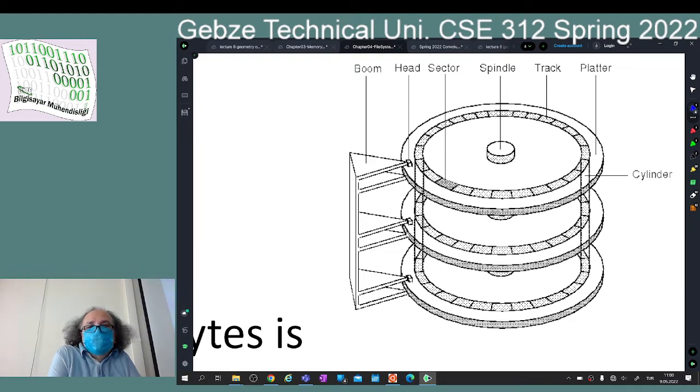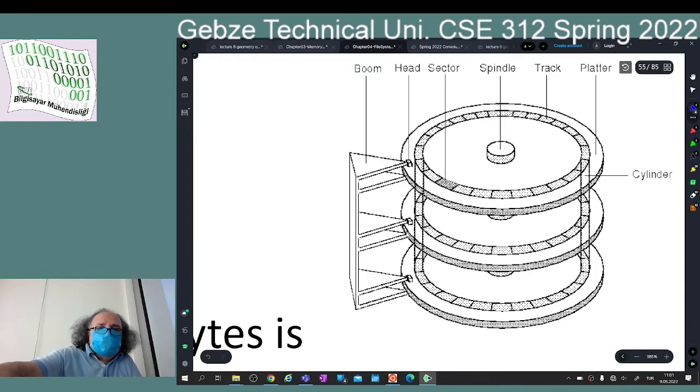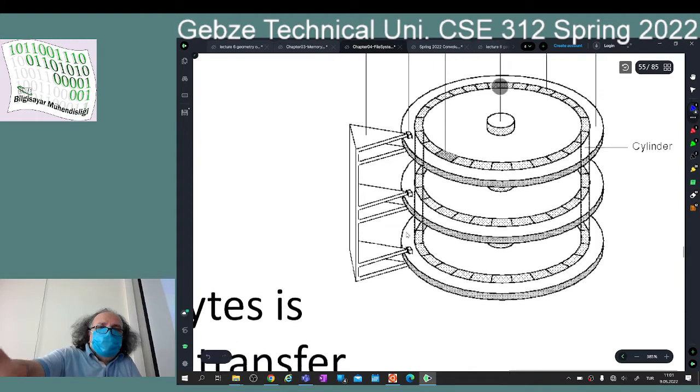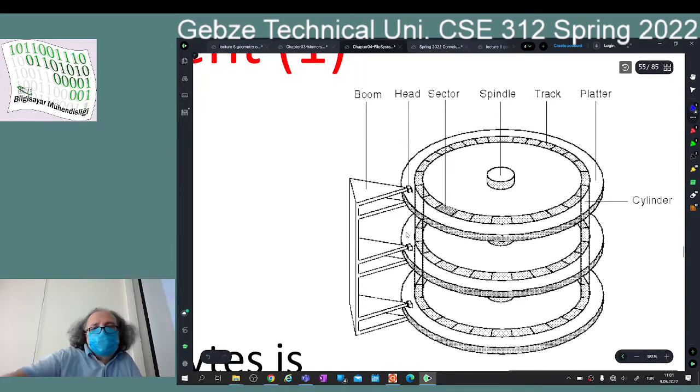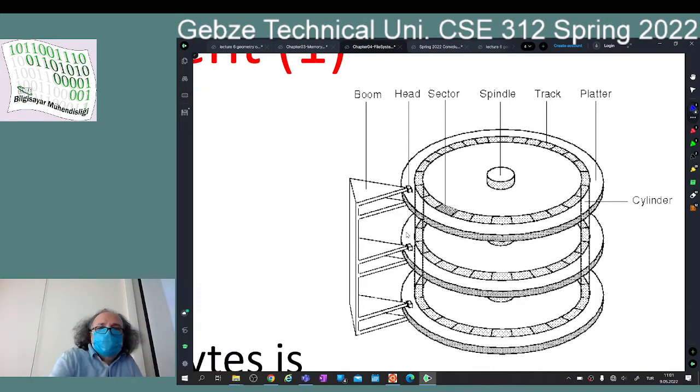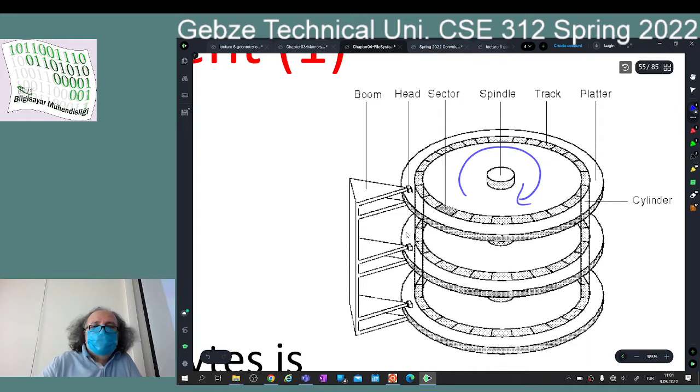Disk means that you have platters, these circular plates. I drill a hole in the center of them and I pass the spindle through that. So this whole platter set spins this way.